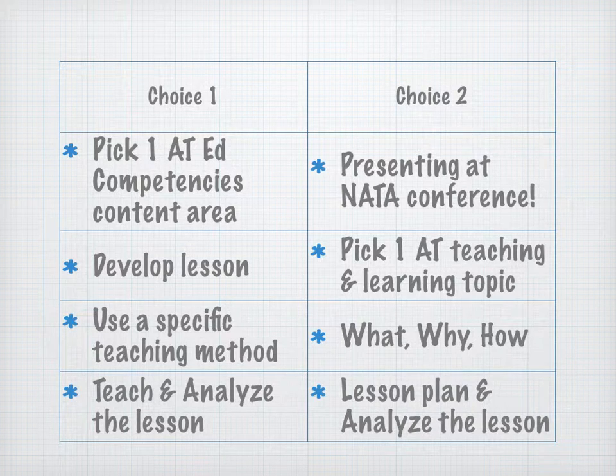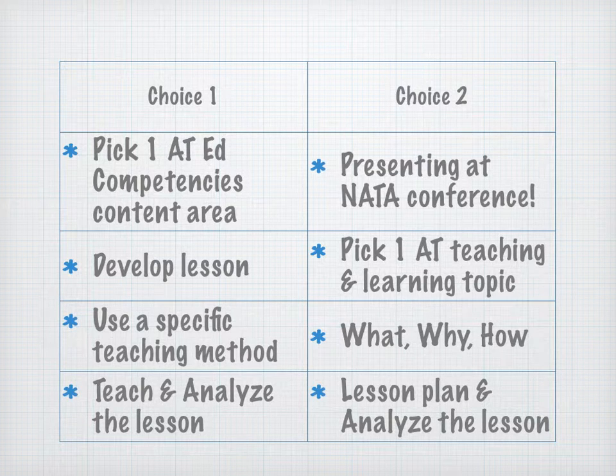Choice 2 is titled the effective athletic training teaching and learning presentation. In choice 2, you're pretending that you are presenting at a NATA conference. You're going to pick a specific athletic training teaching and learning topic.